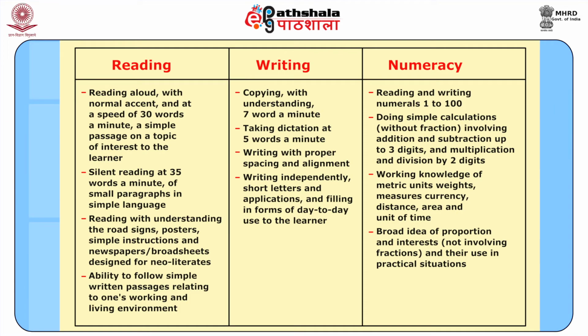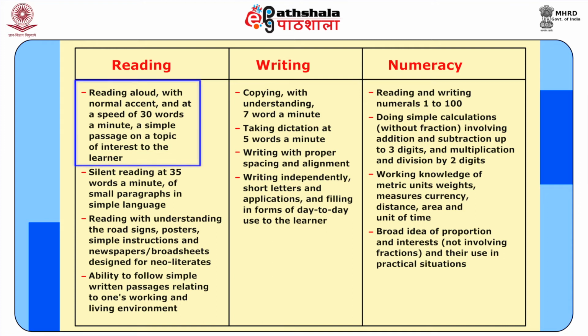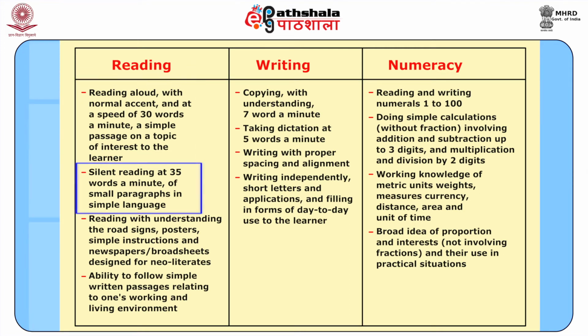Reading, writing, and numeracy, that is simple arithmetic, popularly quoted as 3 R's, too has a specific meaning in terms of abilities to be acquired by a new literate, which is as follows. Reading. Reading aloud with normal accent and at a speed of 30 words a minute a simple passage on a topic of interest to the learner.